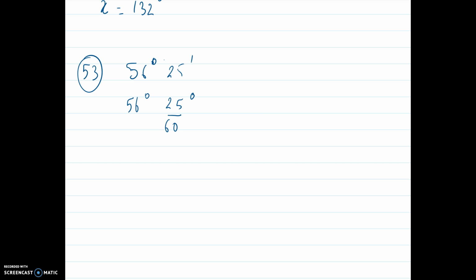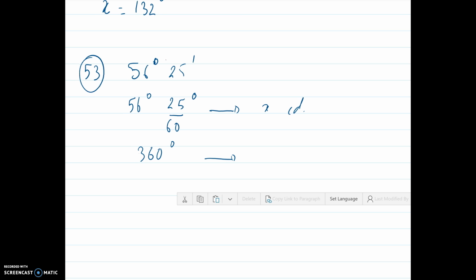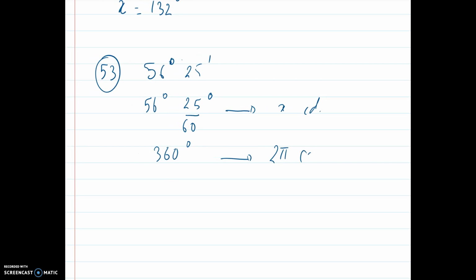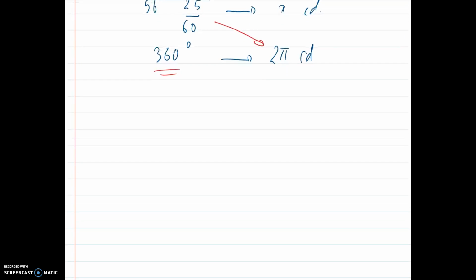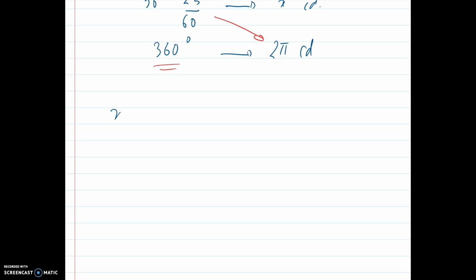And so once I have that, I'm looking for converting that into x radian, knowing that 360 degree corresponds to 2 pi radian. Multiply the diagonal and divide by the last one. Therefore, I end up with x equal 2 pi multiplied by 56 degree 25 over 60 degree. I don't have a calculator. I can't do this 25 over 60.